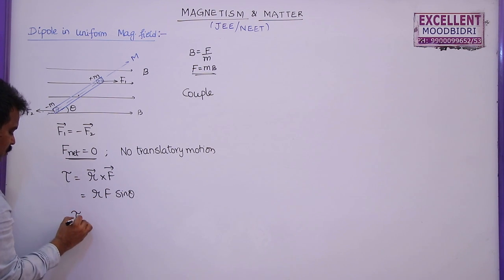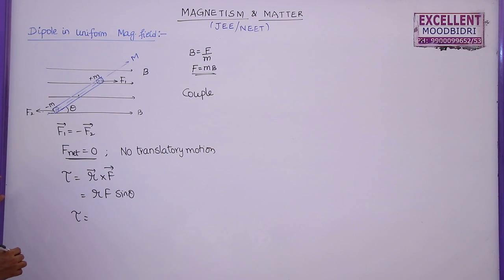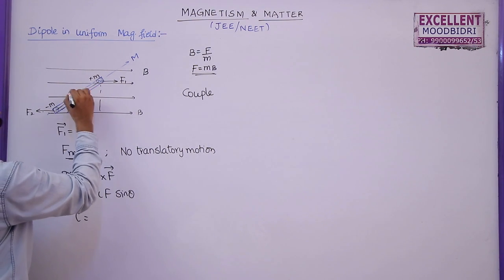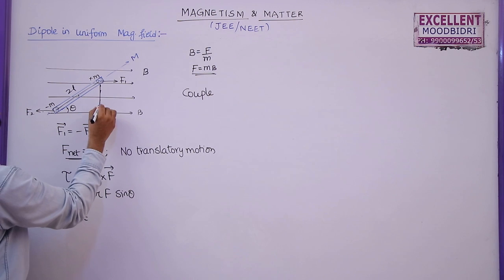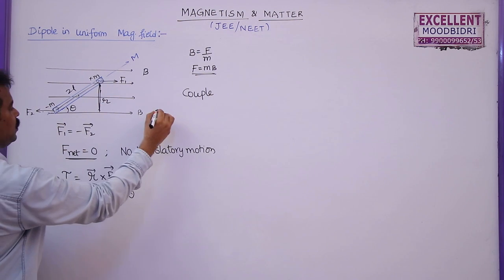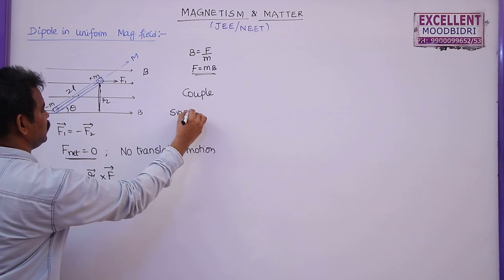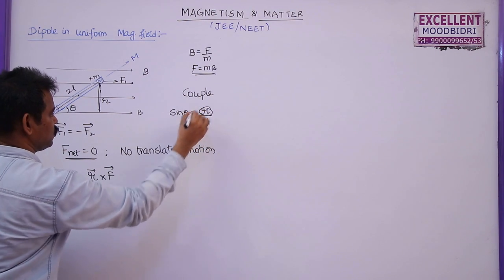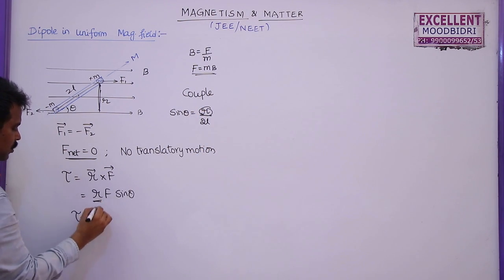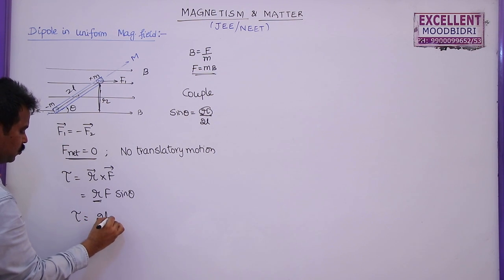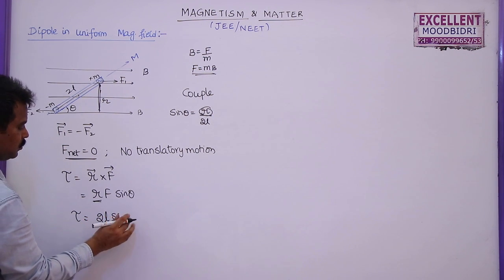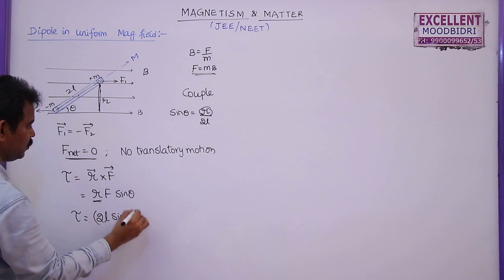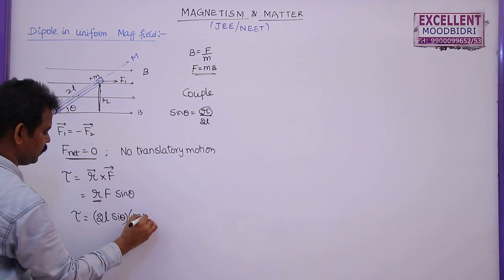So I am going to write tau is equal to rF, where r is the perpendicular distance between the two forces. The length of the magnet is 2l. This is the perpendicular distance r. So I can write sin theta is equal to r by 2l. So r is equal to 2l sin theta. Here in place of r I am writing 2l sin theta into F, which is equal to mB.